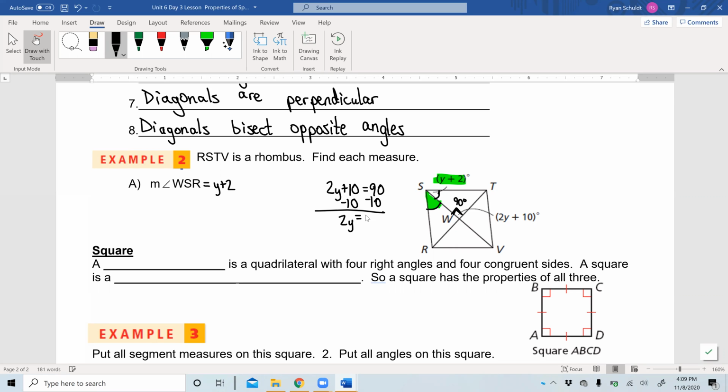So 2y equals 80 divided by 2, and we get y equals 40. So for WSR, plug 40 in. We're going to have 40 plus 2, which is 42 degrees.